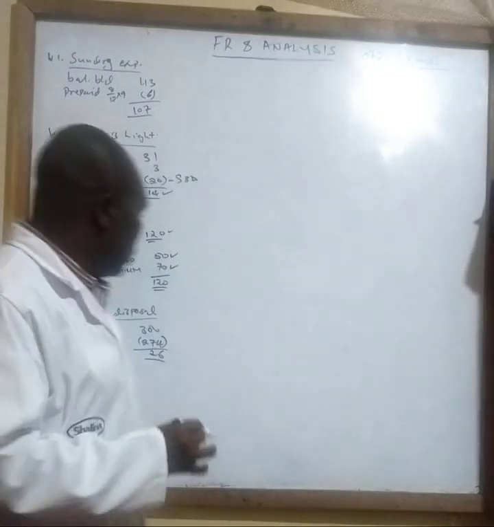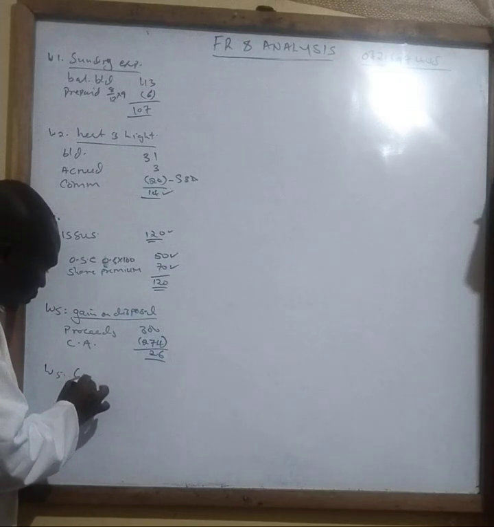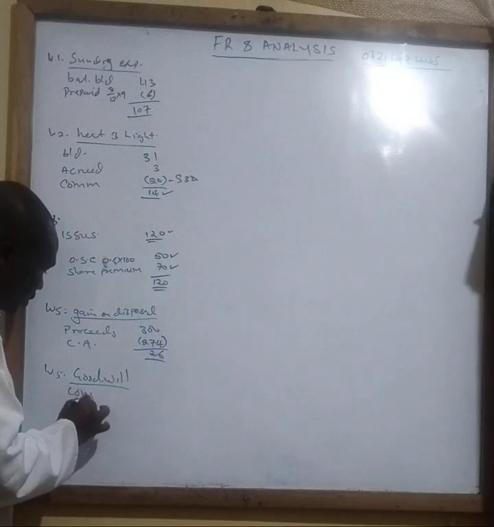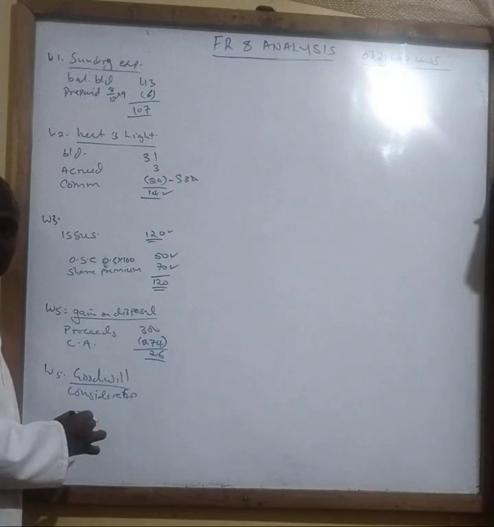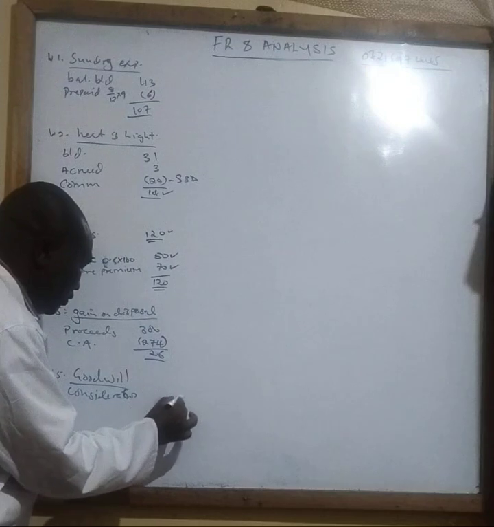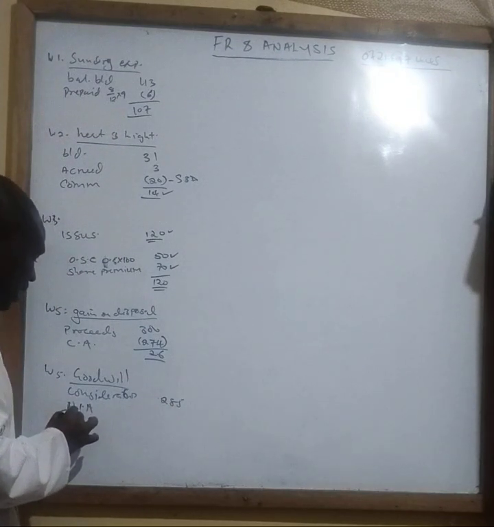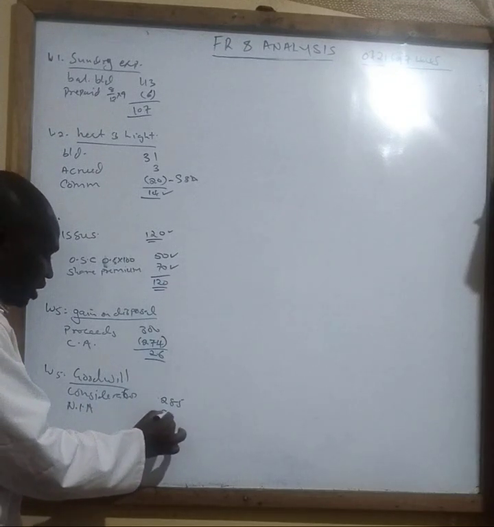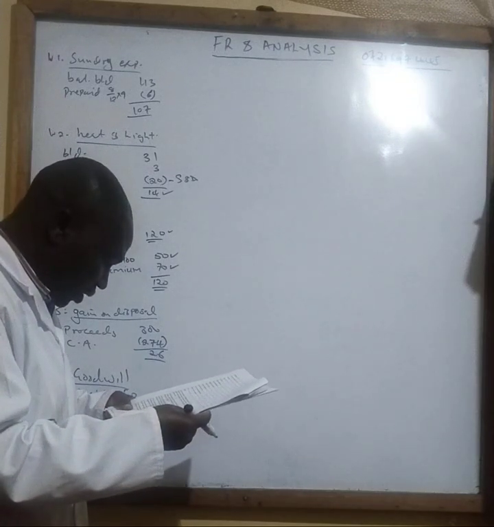There is a topic ahead of us called group accounts or consolidated statements. For us to calculate goodwill, working number 5, you take the consideration cost. Consideration is the amount paid to acquire that particular company, 285. Then we have net identifiable assets, in this case 265.